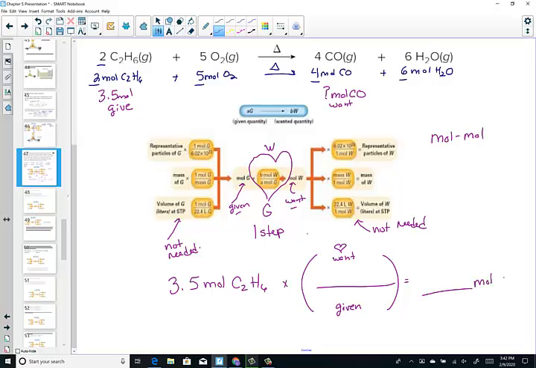We wanted moles of CO. I'd like to know how many moles of carbon monoxide form if given 3.5 moles of the original C2H6. We want to know CO. Its coefficient is 4. We were given C2H6. Its coefficient is 2. The coefficients become the conversion factor.